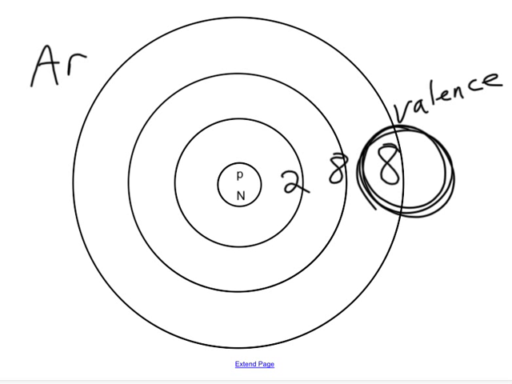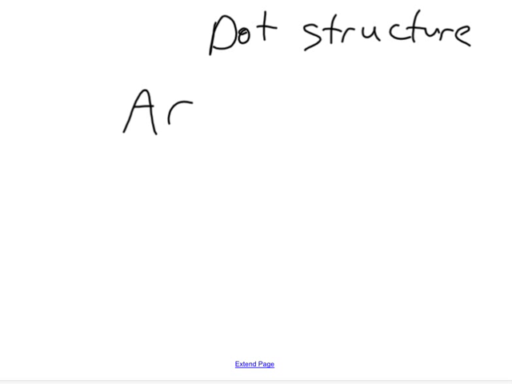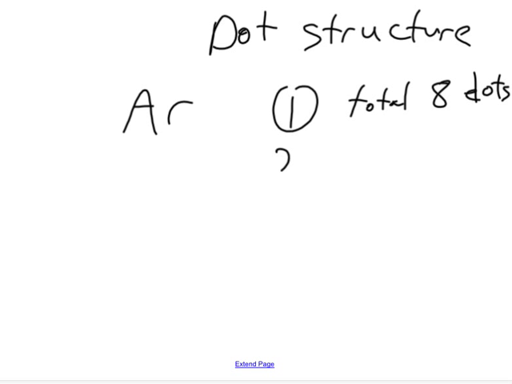Let's try this. So for argon here, our last one, for the dot structure, there are 2 rules. One is you can have a total of 8 electrons or dots. And the second rule that we're going to follow is that there are only 2 dots per side.